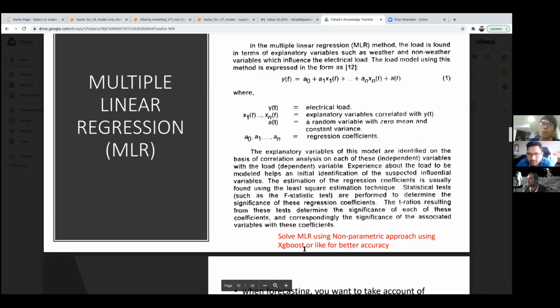I'm using lasso, or if you are using L2 regularization, you can use ridge regression, or if you want to use L1 and L2 together, you can use elastic net. So if you are doing the parametric or linear approach, or a non-linear approach, you can have neural network, XGBoost, and other stuff.